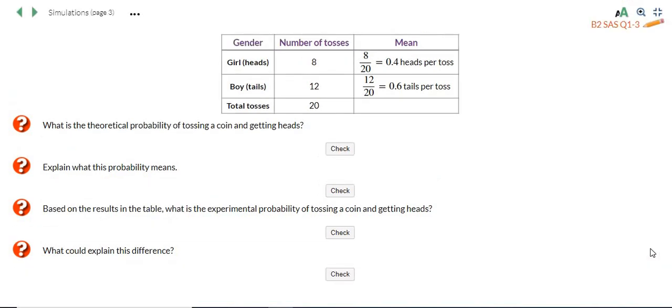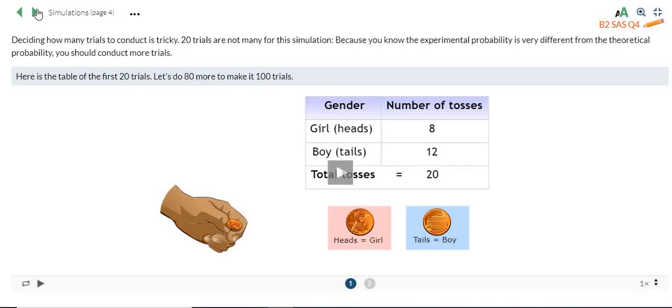All right, flipping to problem 4. Problem 4 you're going to conduct after this video is ended. I'm going to do an example of how that would go, so you're not writing any of this down on number 4. I'm doing my own example. My trial is going to have 100 times.